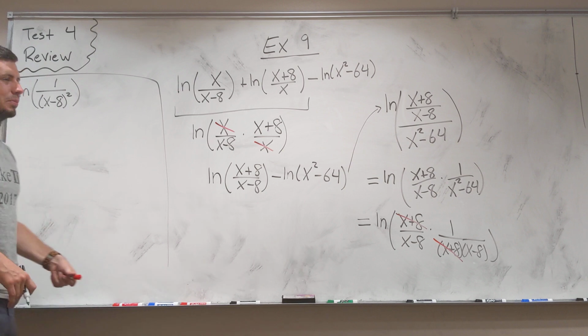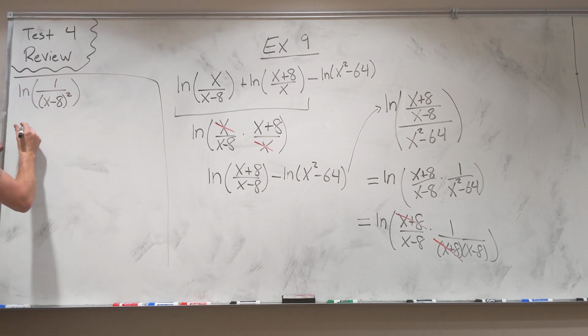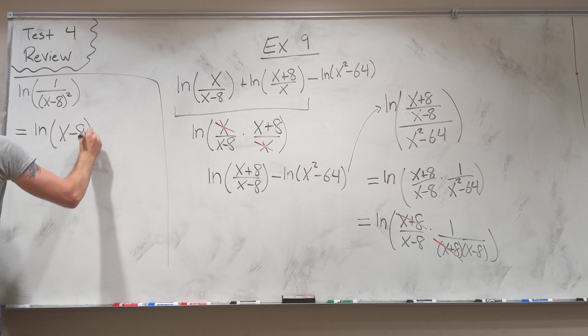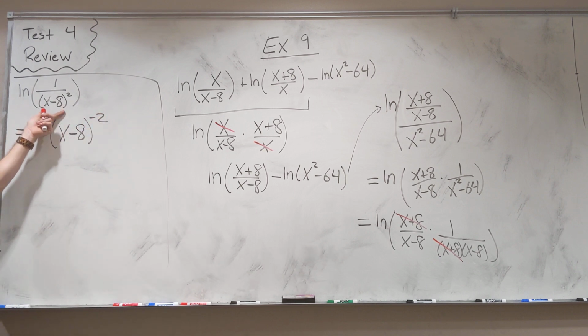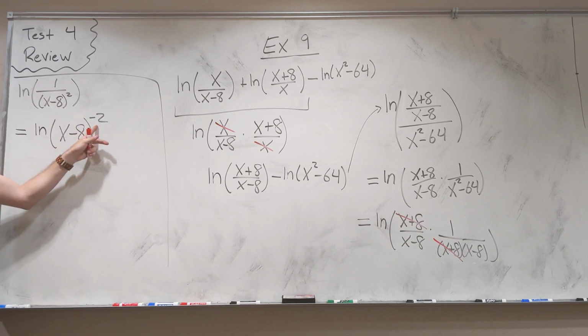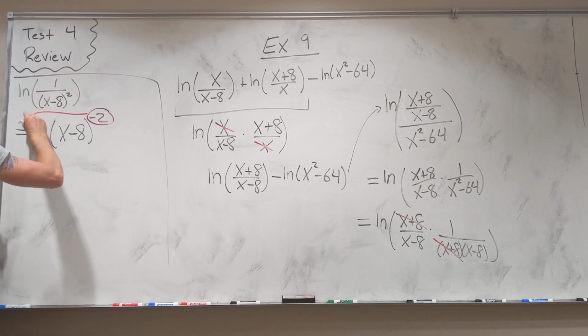You might think, all right, finally, we're done. We're not done because there's a power, but we cannot bring just that power to the front because this is not an exponential function. So instead, we have to bring the x minus 8 base to the numerator and raise that to a -2 power. And from here, now we could take this and move it to the very front.